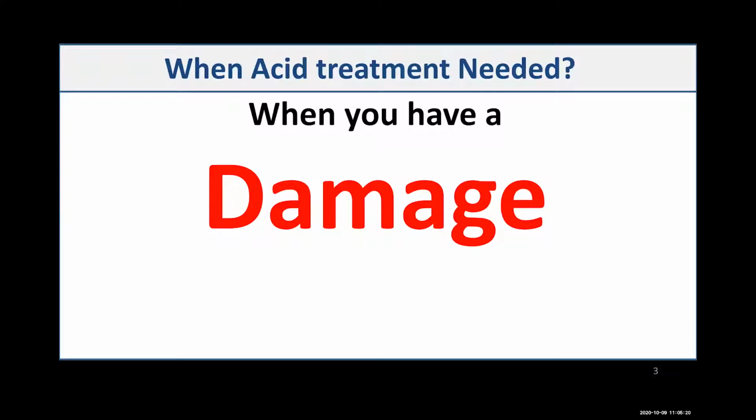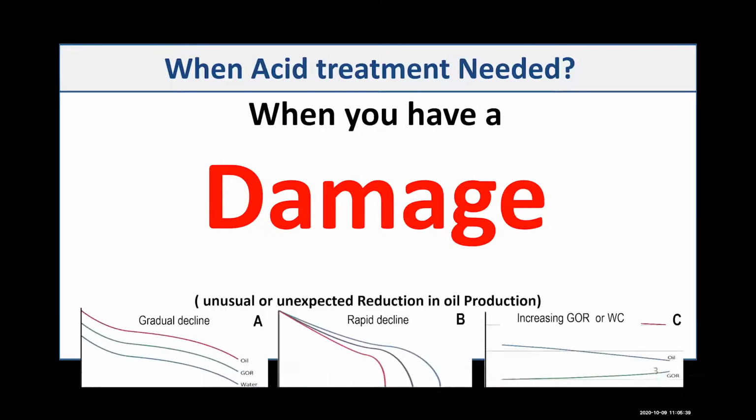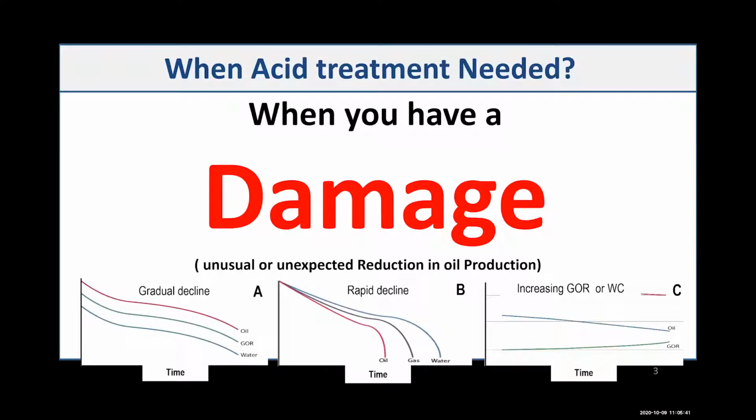But if you do not have damage, acid will not give you that much improvement in production, except if you are doing something else other than the acid part. But acidizing is always used when you have damage. And the way that you know that you have damage is a simple definition: you have an unusual or unexpected reduction in oil production.